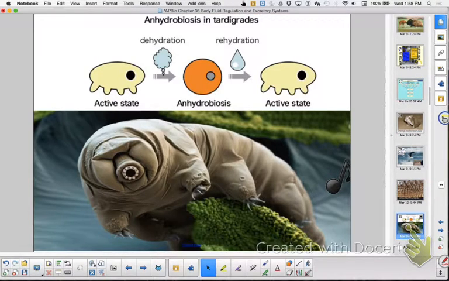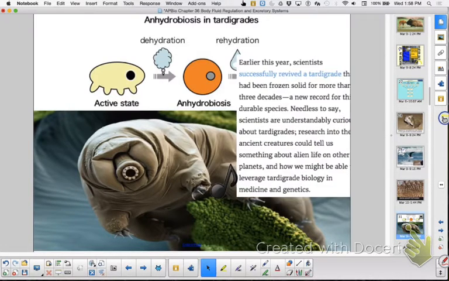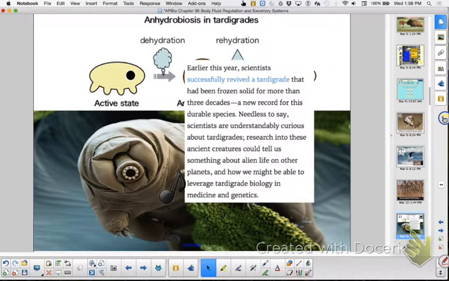And tardigrades, these are known as water bears. And something interesting, these are small microscopic animals. And some have been frozen for more than three decades, 30 years, and they were able to bring them back to life.